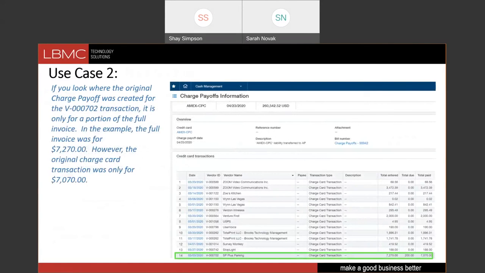Now, if you looked at a prior charge payoff, I noticed that on the charge payoff, here's my transaction, the original bill was $7,270. The credit card transaction that was run and processed was only for $7,070.